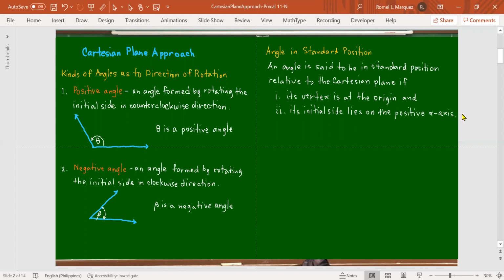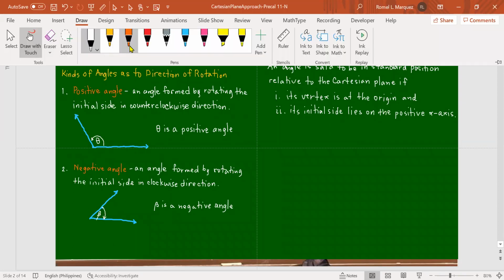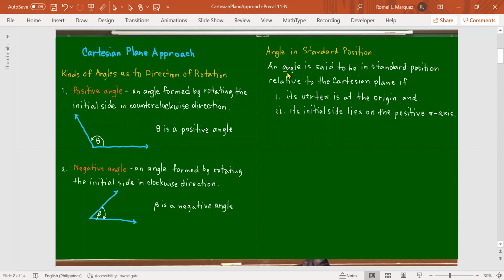These are the two conditions that need to be satisfied in order for the angle to be in standard position. Is that clear, guys? Do you have any question? Angle in standard position.